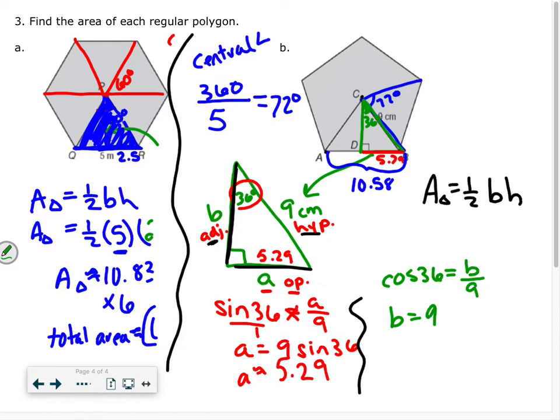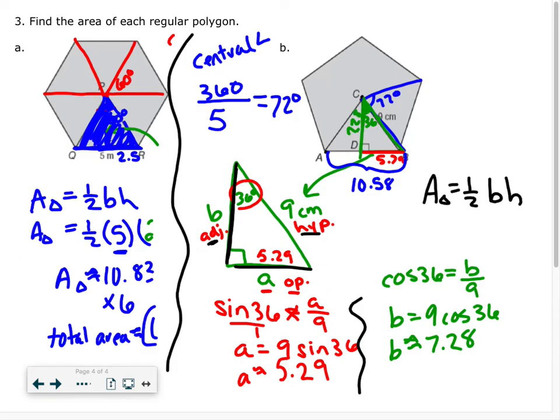You should have 9 cosine 36, which if you put in your calculator, you get about 7.28. We don't want to round too much initially. Really, we should wait for the rounding at the end. So try to keep these numbers in your calculator as much as possible. So the height of our triangle, what we just found, is 7.28.